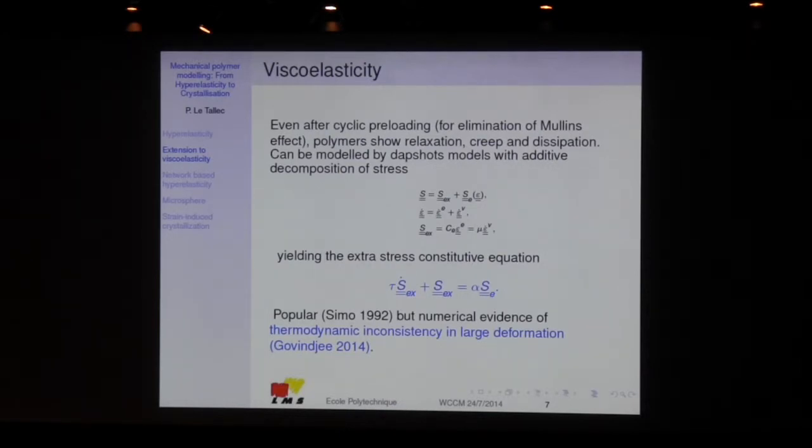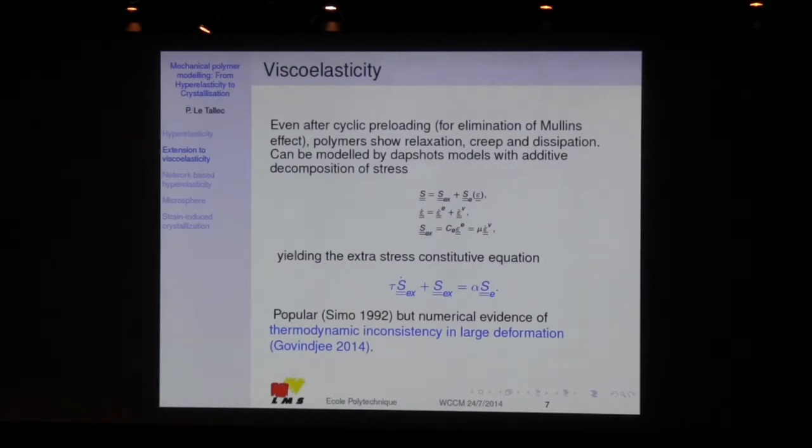The historic path for handling dissipation in large deformation is to use an additive decomposition of stress, that is, to use the so-called added stress. So stress will be an elastic one plus an extra stress due to dissipation.